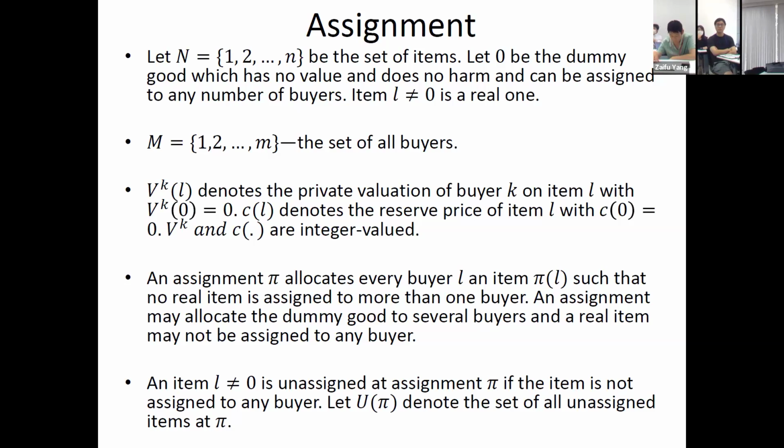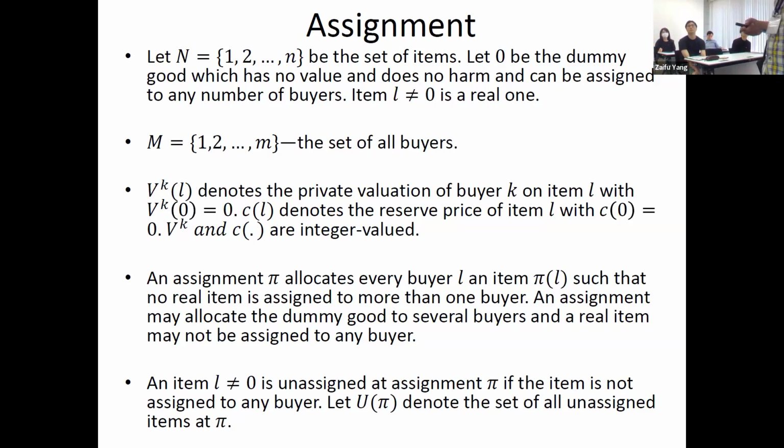So an assignment allocates every buyer 1 atom, so that no real atom is assigned to more than 1 agent. So that's the definition of allocation. It's possible that some real atom might not be assigned, and also it's possible some bidders might not get any atom.